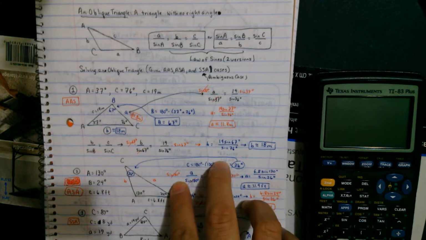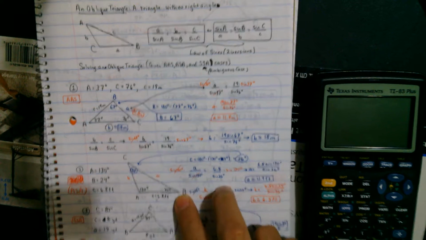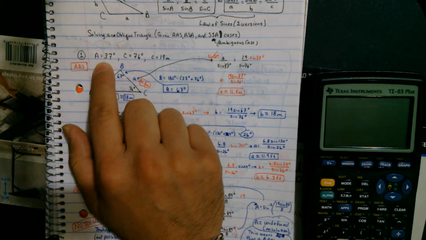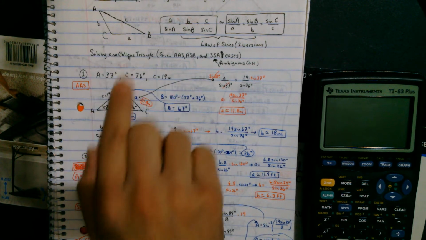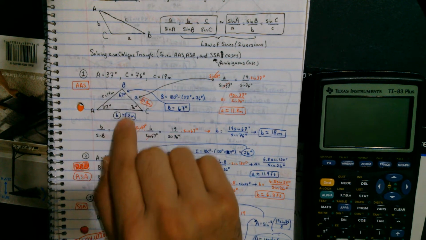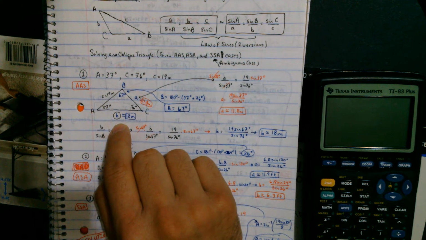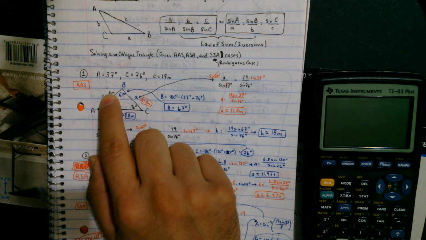So there are three cases that we're going to look at: angle, angle, side; angle, side, angle; and side, side, angle. In the first, angle, angle, side, you're given angle A, angle C, and side c to be 19 here.